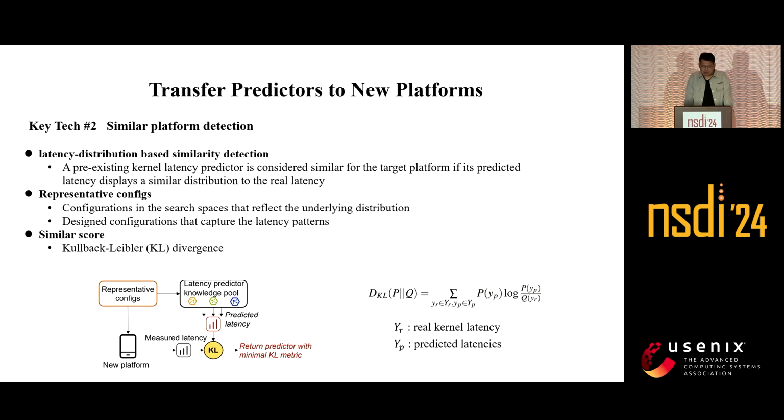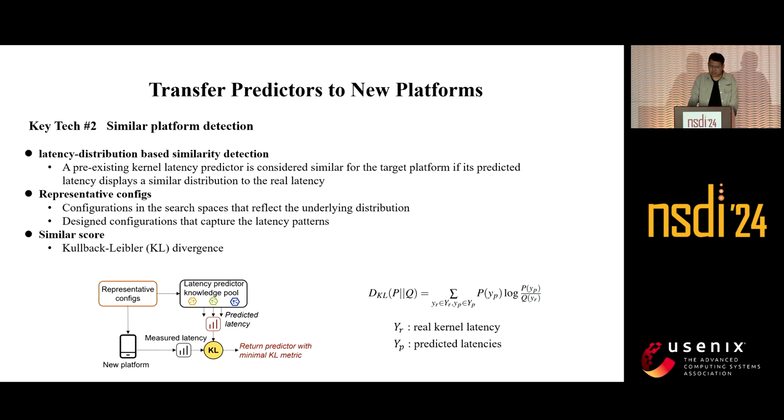We design the second type of configuration by fixing all dimensions except one, and performing fine-grained data sampling on that dimension. Then, we measure the actual latency on the new platform and predict the latency of these configurations with each predictor in our knowledge pool. We calculate the KL divergence of measured latency and predicted latency, and we select the predictors with minimal KL divergence as the most similar predictors.